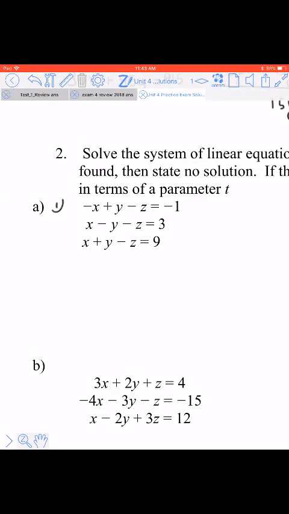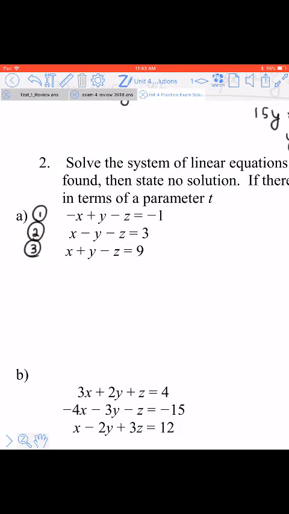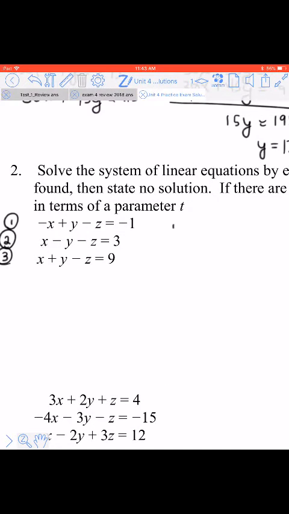So this top one I'm going to call equation 1, equation 2, and equation 3. Now I notice right here that equation 1 and 2, I could eliminate x. So I'm going to add equation 1 plus equation 2, so that I can eliminate the x variable.